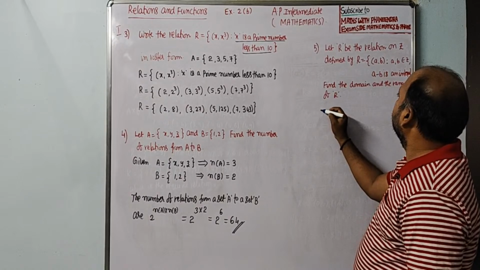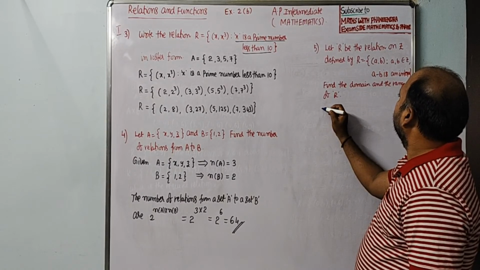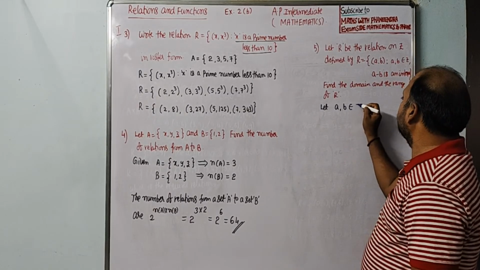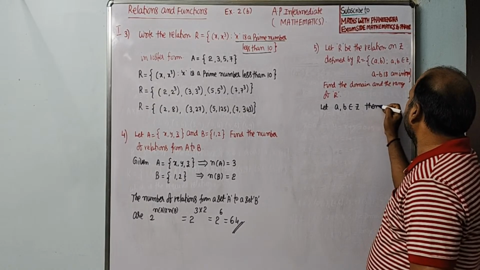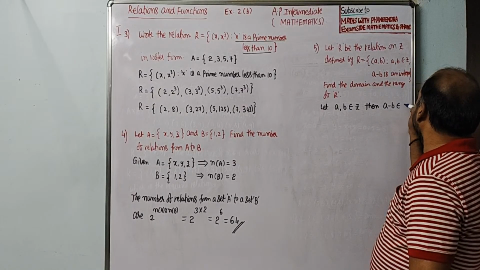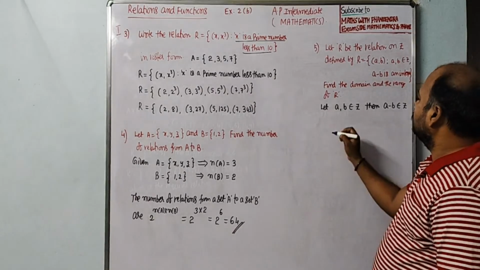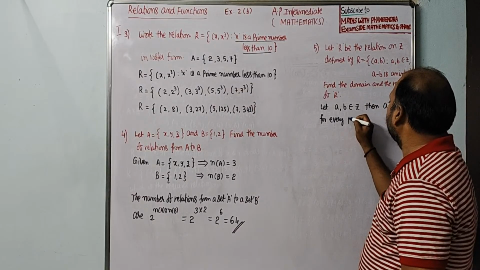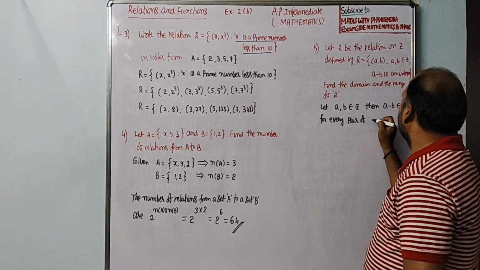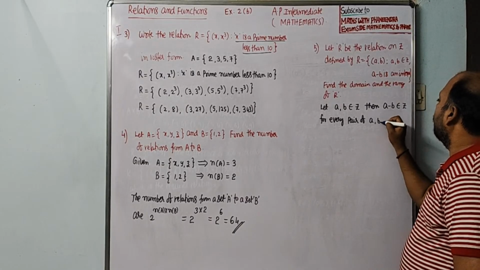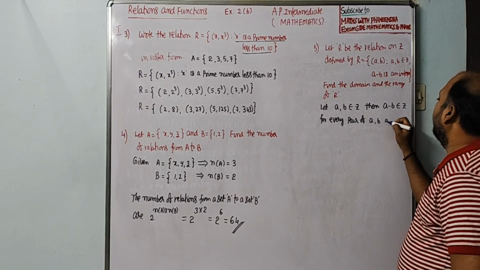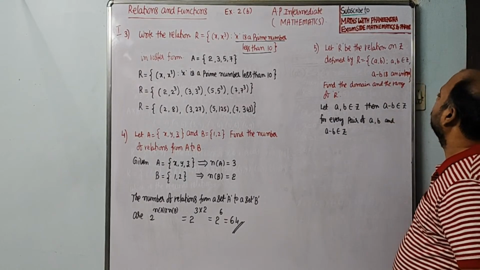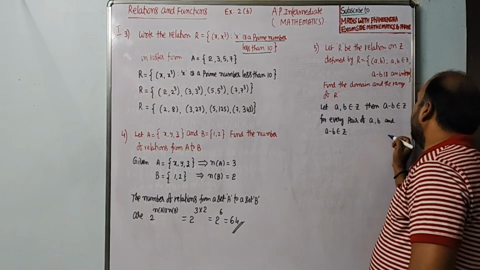So here, let a, b belongs to Z, then a minus b belongs to also Z, for every pair of a, b, and a minus b belongs to Z, it's an integer.